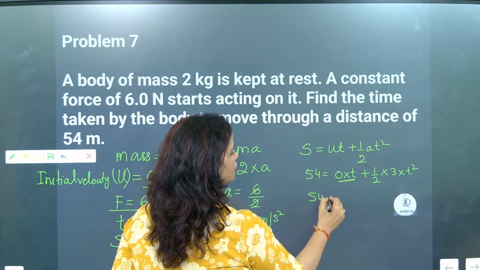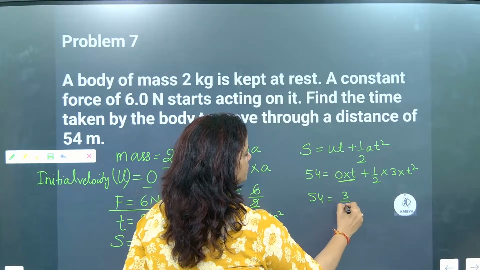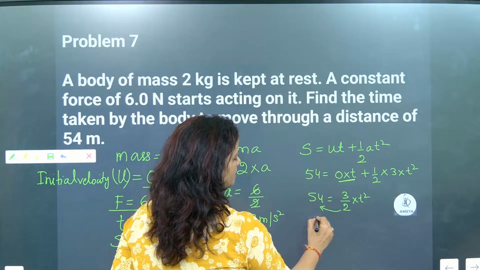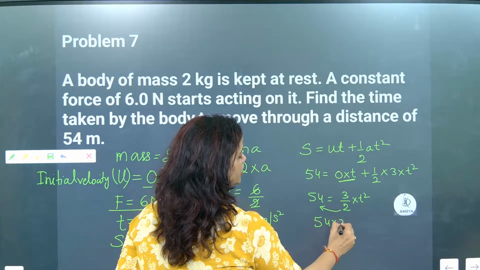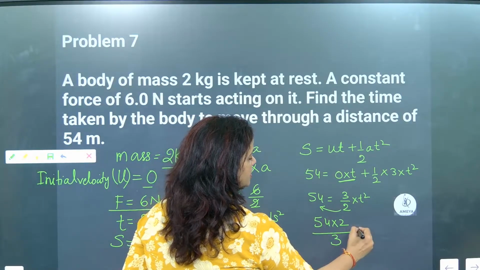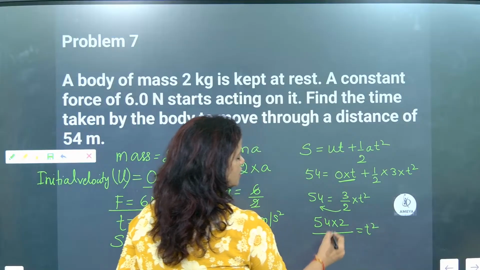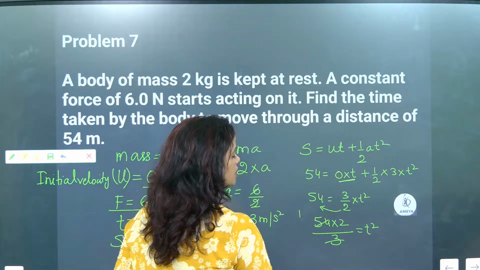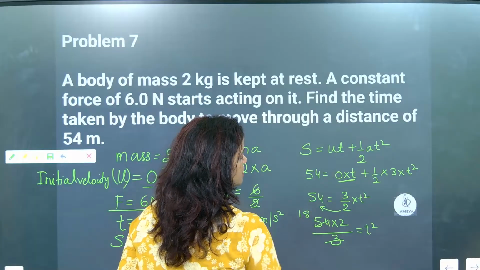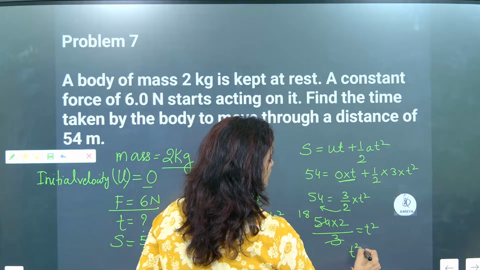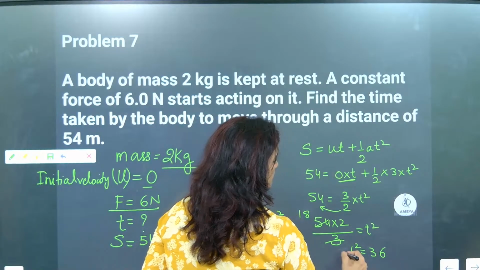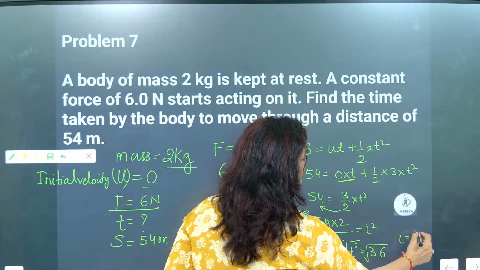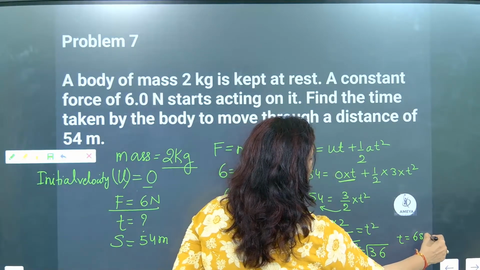So 54 is equal to 3 by 2 into t square. Now 2 will go and multiply. 54 into 2 by 3 is equal to t square. So 3 sixes are 18, then 18 into 2 is 36, t square is coming as 36. Now if you put the root, time is coming as 6 seconds.